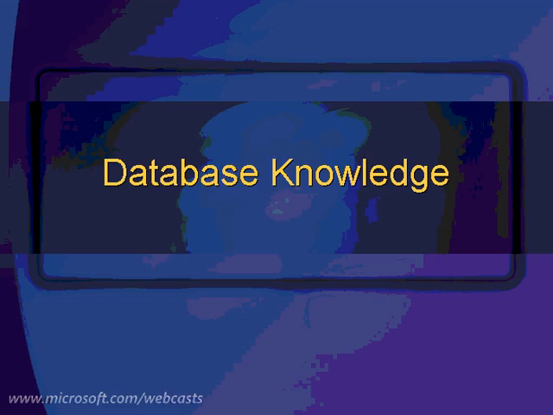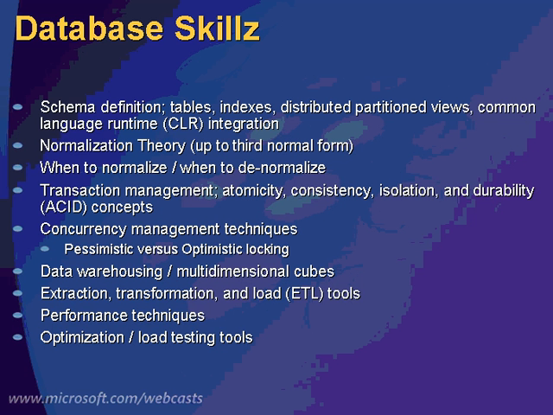So another key aspect that a good architect needs to have under his belt is database knowledge around how to create databases from the schema, what the proper way to handle indexes and tables, more complex things around distributed partition views, maybe being able to incorporate the common language runtime in the event that you're using SQL Server 2005.